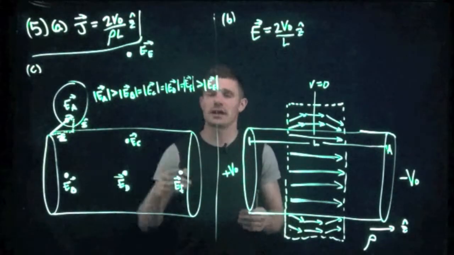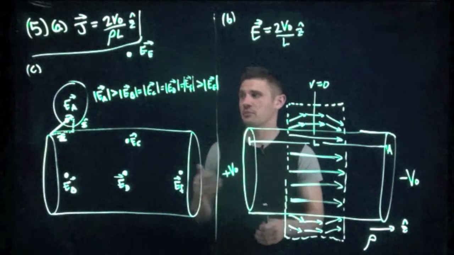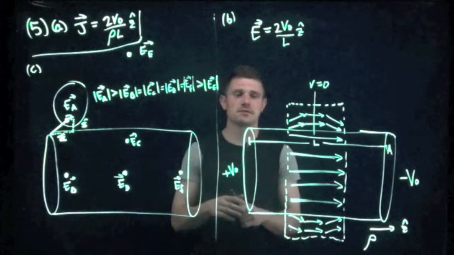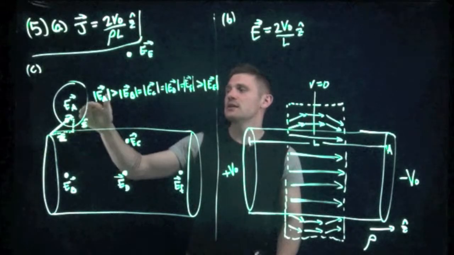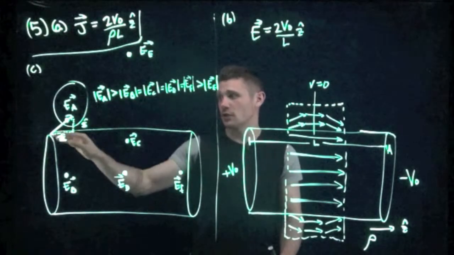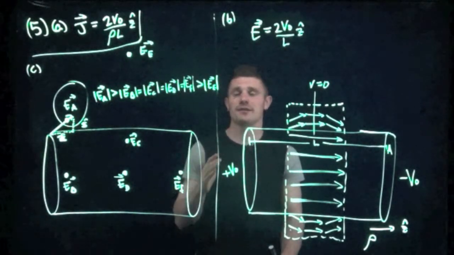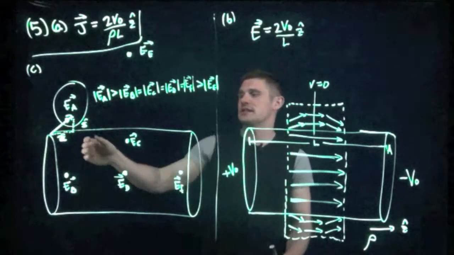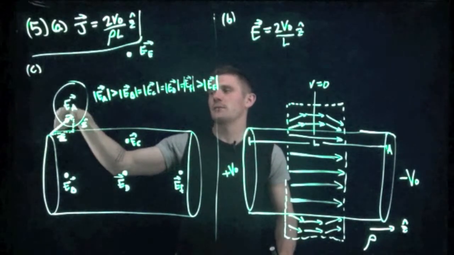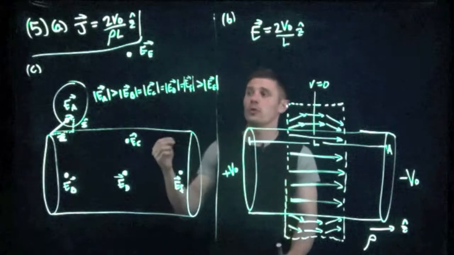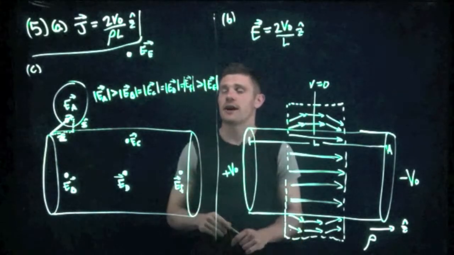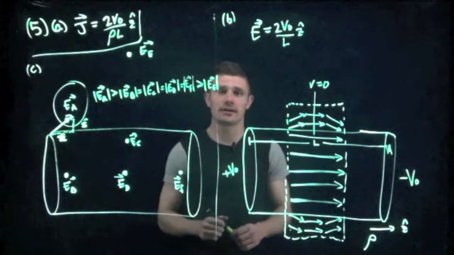And EA, which I thought would have been smaller to begin with, but after thinking about it and looking at this problem, you can see that because it has a horizontal and a vertical component off of this wire, the magnitude will be along this hypotenuse, and the magnitude of this electric field vector will in fact be larger than the other 5. So that's how you can rank these electric fields.